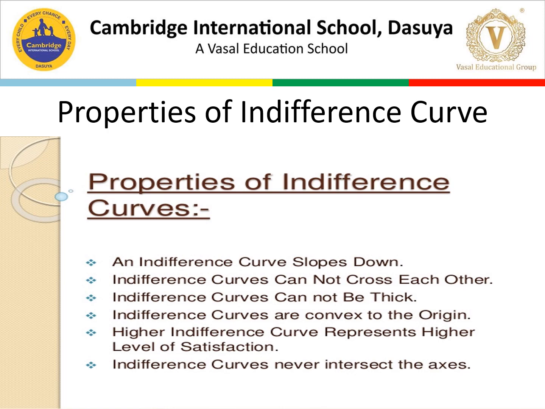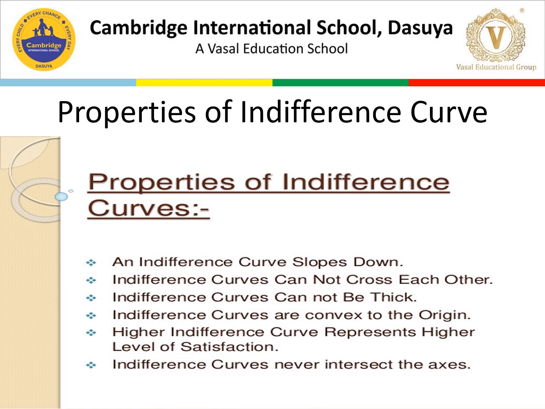It means only one indifference curve will pass through a given point on an indifference map. We are not using indifference curves intersecting each other. So indifference curves cannot cross or intersect each other. I hope this is clear to you.